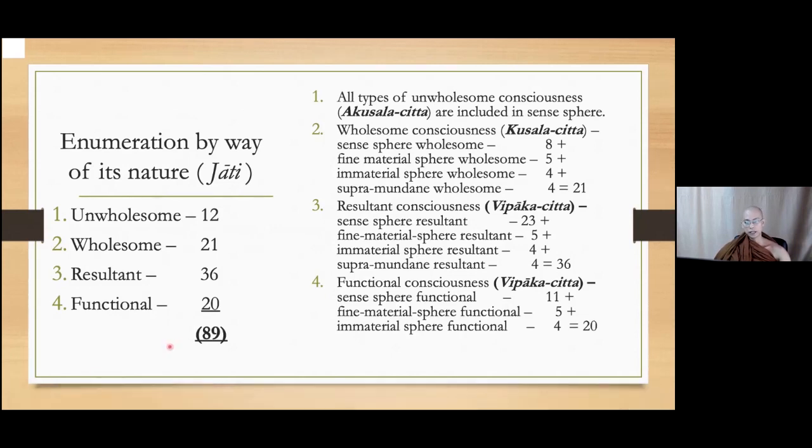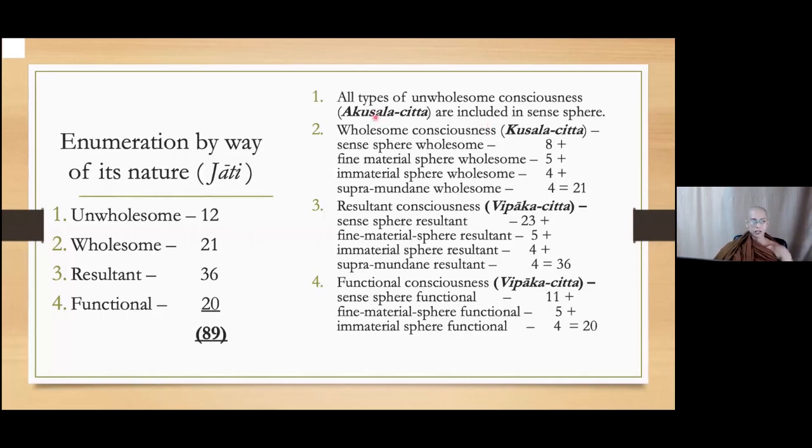We get the numbers here, and how we get those numbers. I mentioned that akusala citta is included only in sense sphere consciousness according to the type, but it can arise in other realms too: the five material sphere, and also the immaterial sphere.